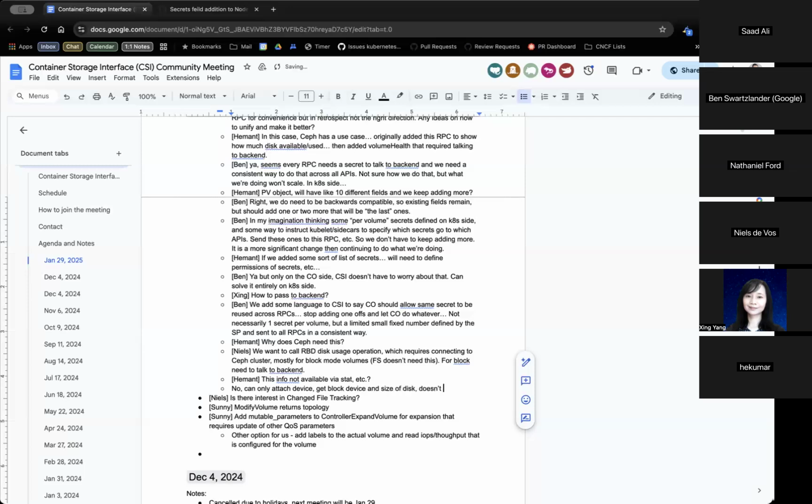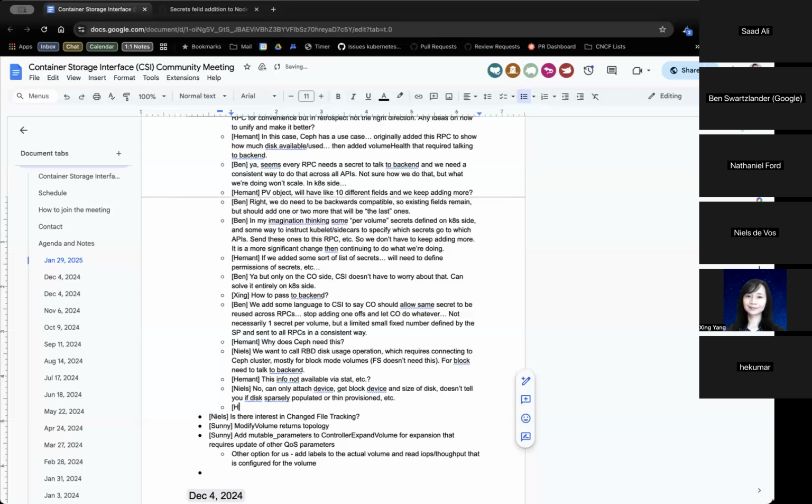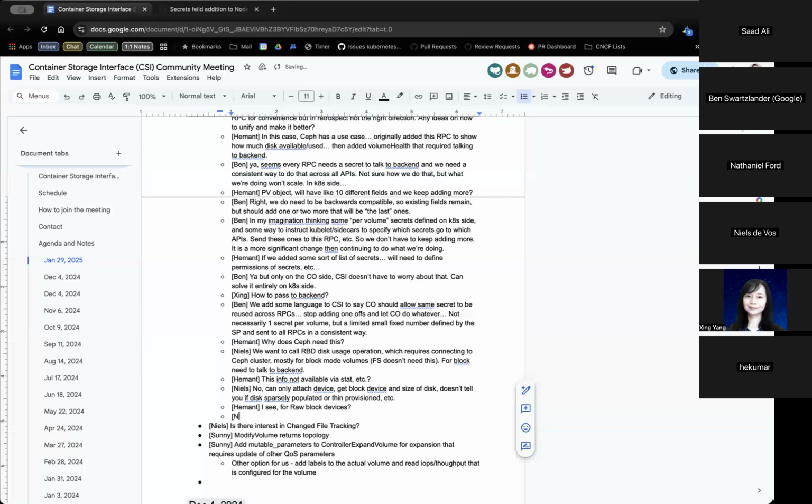You would need some kind of proprietary SCSI inquiry to ask how many blocks were non-zero. That's not a standard Linux thing you can ask a block device. Yes, it's only for raw block devices that we need it, but as you mentioned, for volume health it might be useful as well.